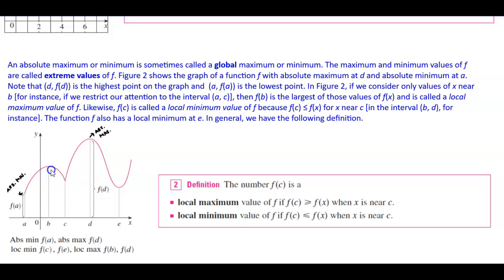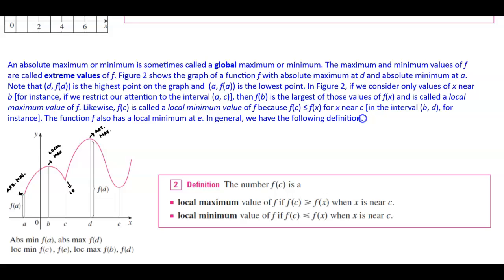And so therefore, that is called a local maximum of that function. And likewise, f(c) is called a local minimum value of f because f(c) is less than or equal to f(x) for x near c.